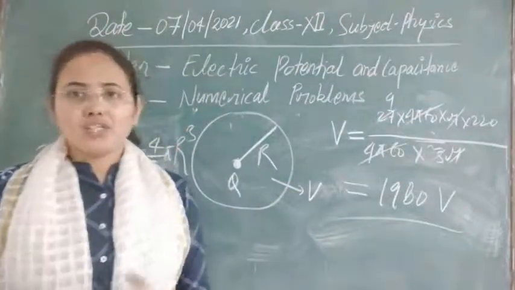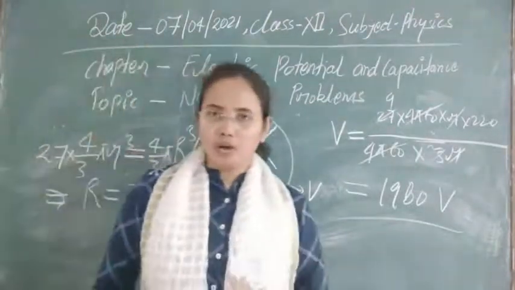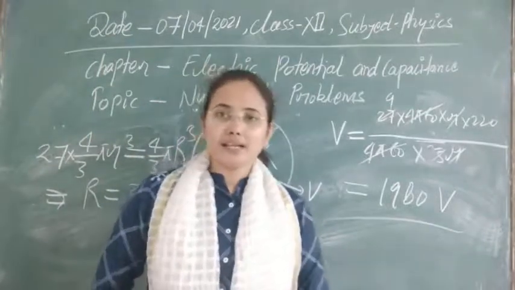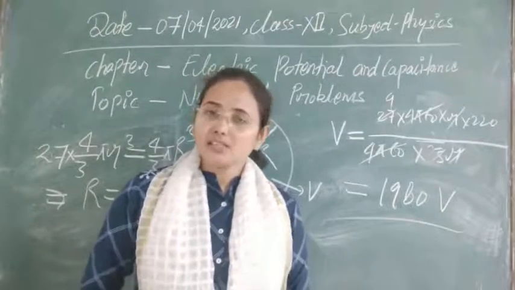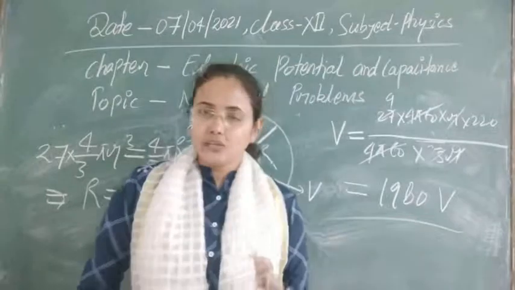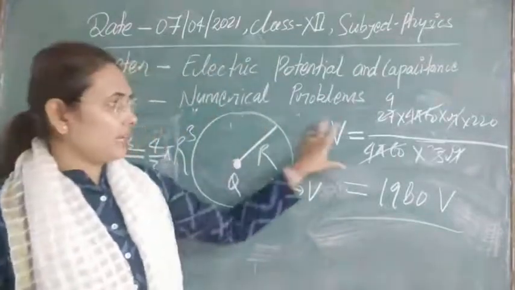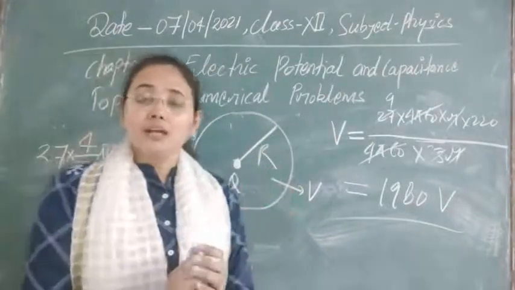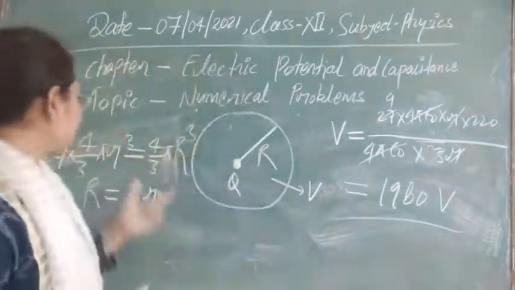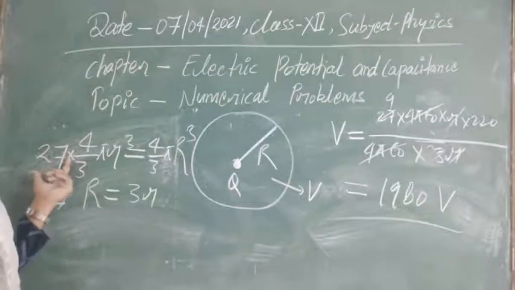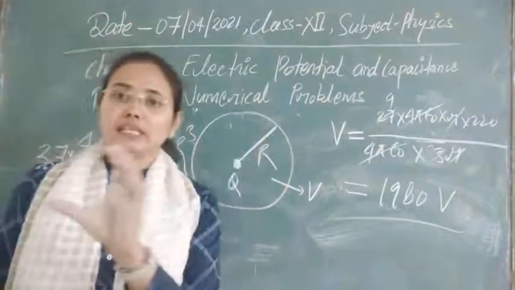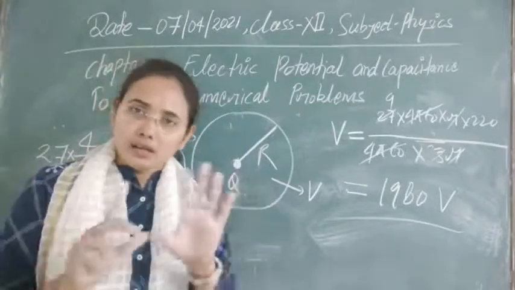Suppose the question gives us 4 drops that are not identical in shape, their radii are given, and the charges on them are identical, Q on each. If you have to find the potential on the bigger drop made by using them, then with this concept you don't have to multiply by 4; you can add the volume of each drop separately.